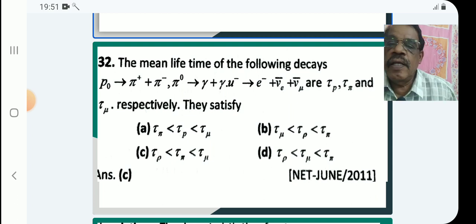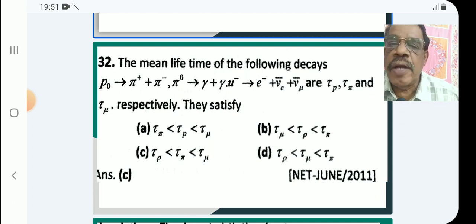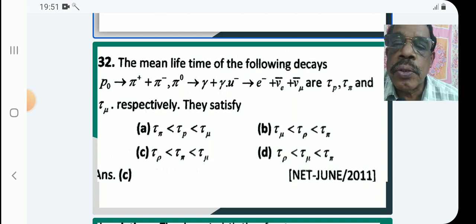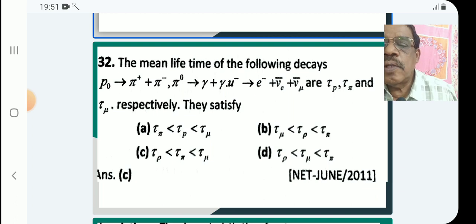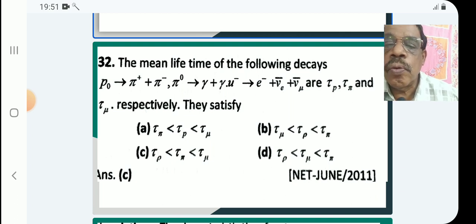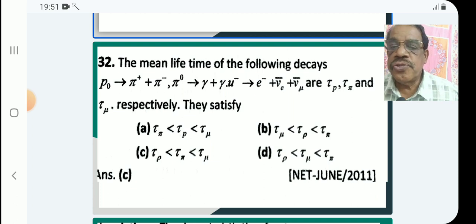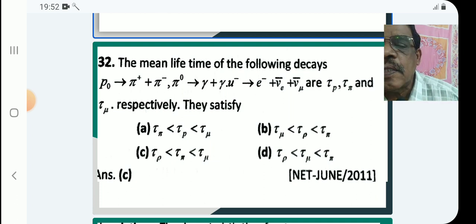They satisfy the condition: tau p less than tau pi less than tau mu, and the other orderings given as options. The answer is C, that is tau p less than tau pi less than tau mu.